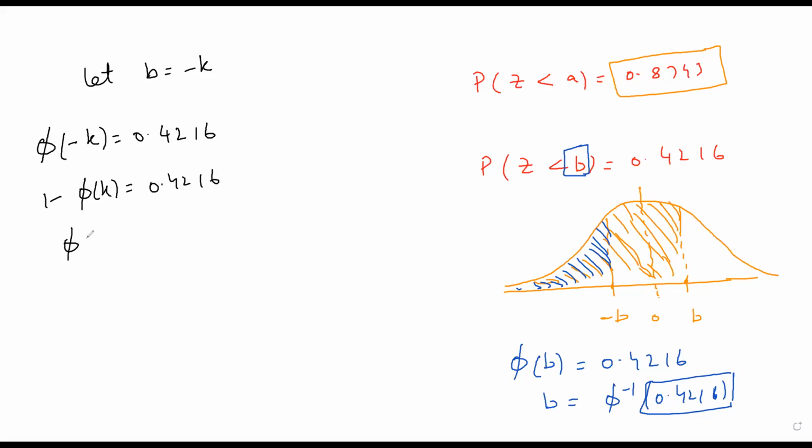which is 0.4216, and this phi of k is going to be 1 minus 0.4216, so phi of k is going to be 0.5784.